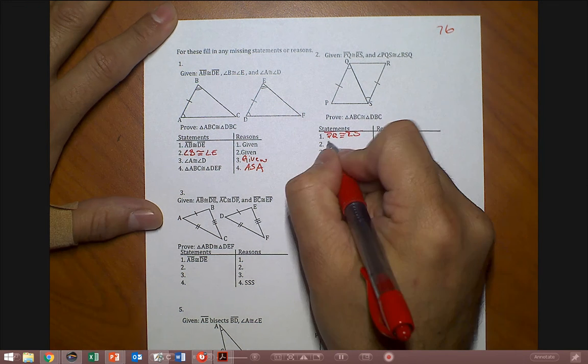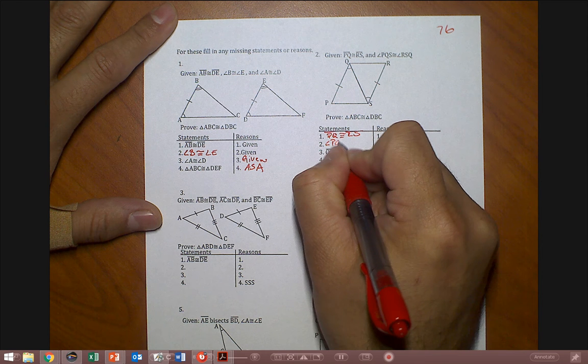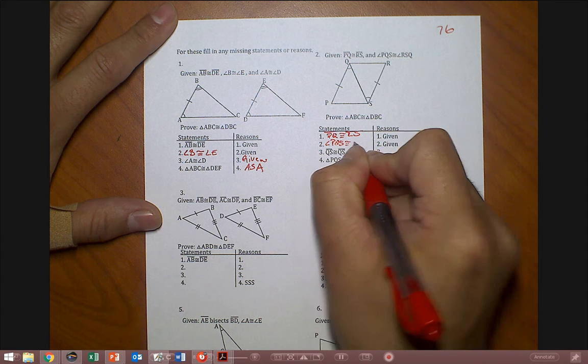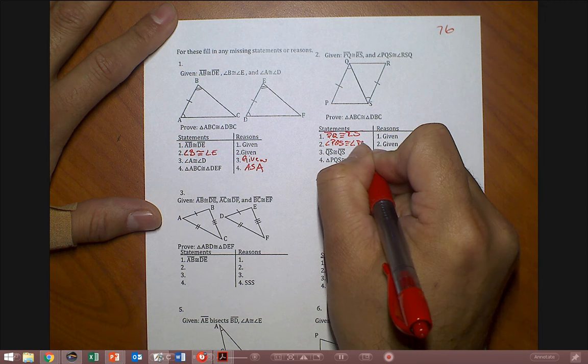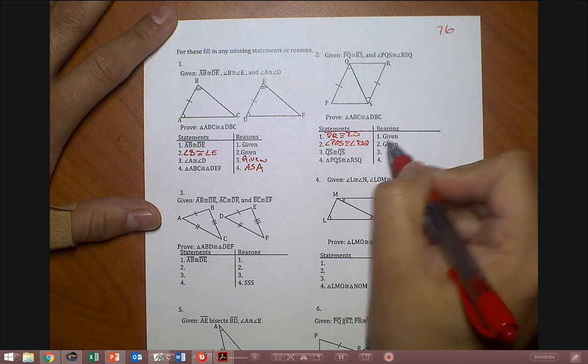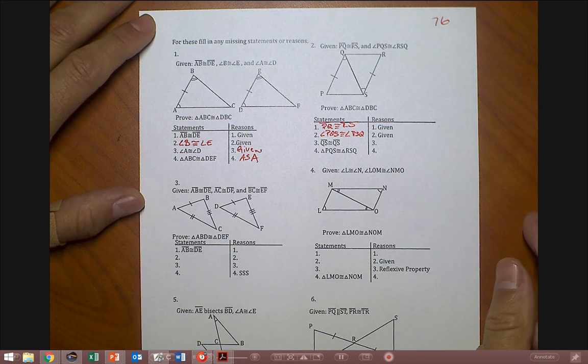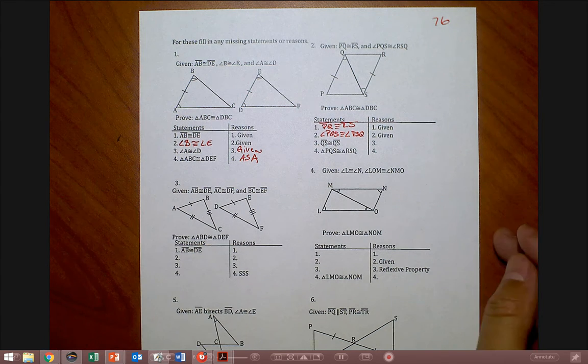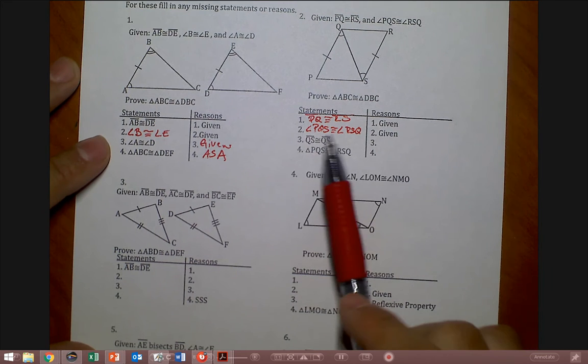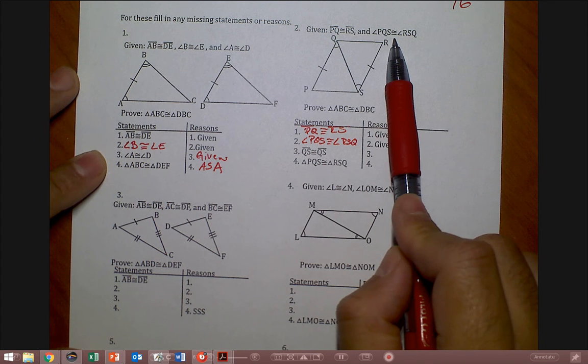Very good. Angle PQS congruent to angle RSQ. That's already given. What was the first one? You mean the first given? No, the second one. Number 2? Yeah. It's this thing right here. It's the second given. Oh, okay.